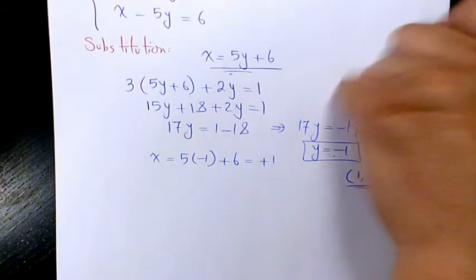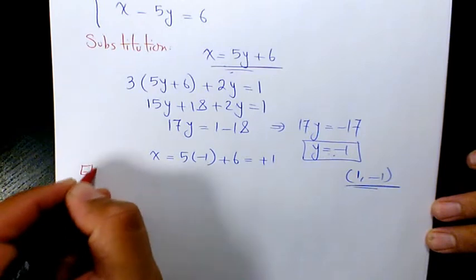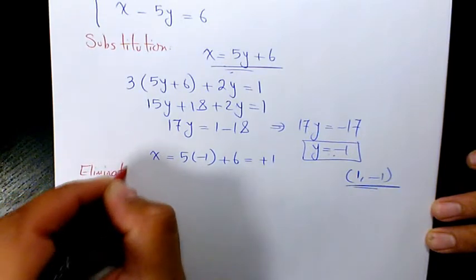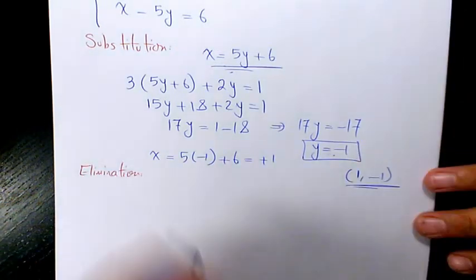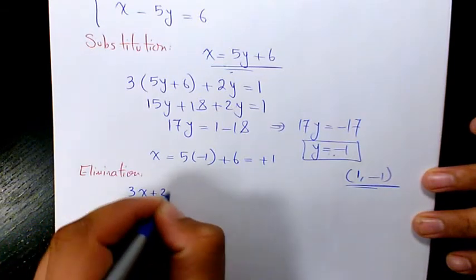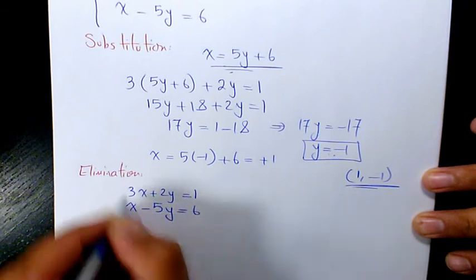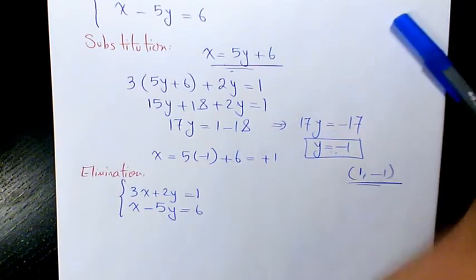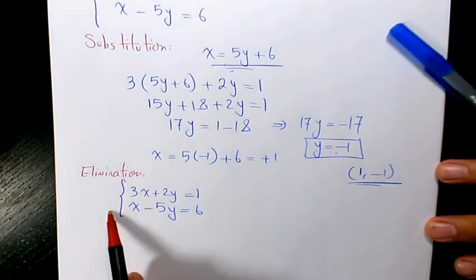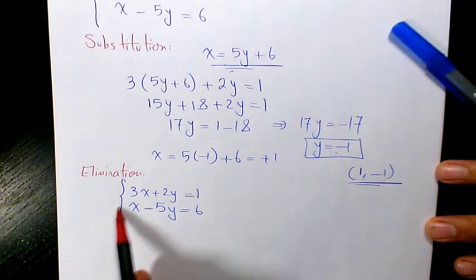Now if you want to use the elimination method, we have 3x plus 2y equals 1 and x minus 5y equals 6. In order to eliminate x, I need to multiply the second equation by negative 3.